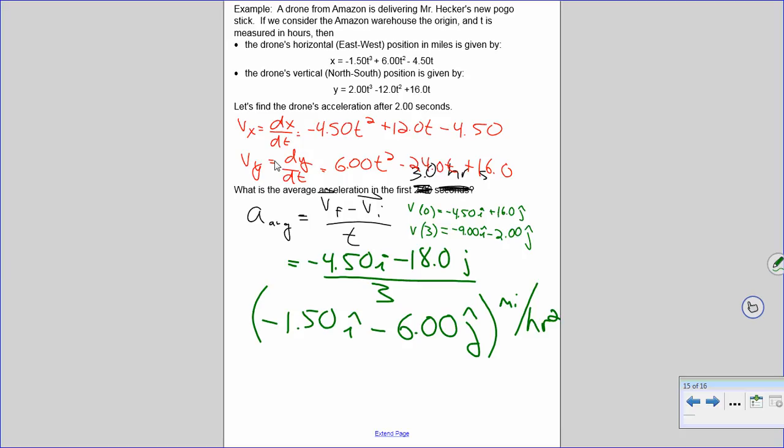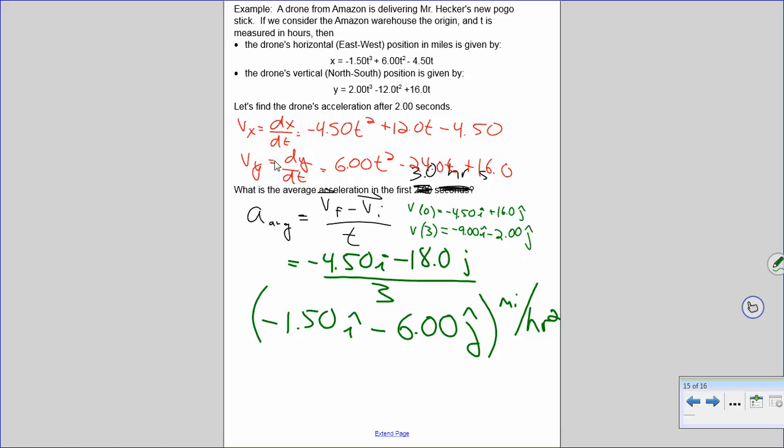All right, so that's unit vector notation, and then you could convert it into magnitude and direction, which you guys know how to do. Again, if it doesn't say, assume that I want it in magnitude and direction.